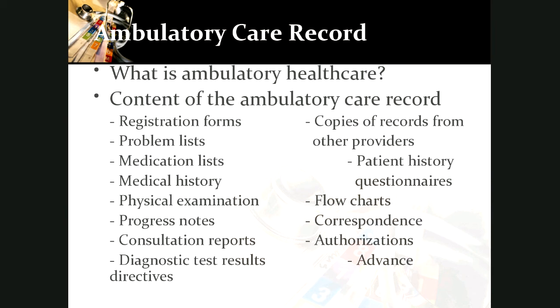It's going to have the registration forms, it's going to have the problem list, it's going to have medication list, it's going to have a medical history, and of course a physical examination with those progress notes. It's going to have any consultation reports. It's going to have diagnostic test results.